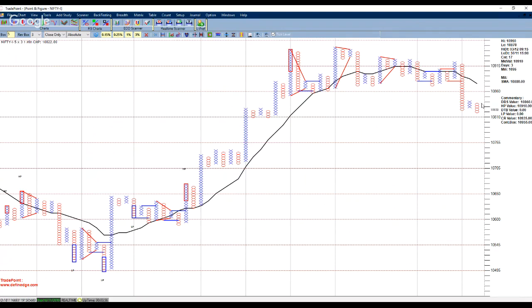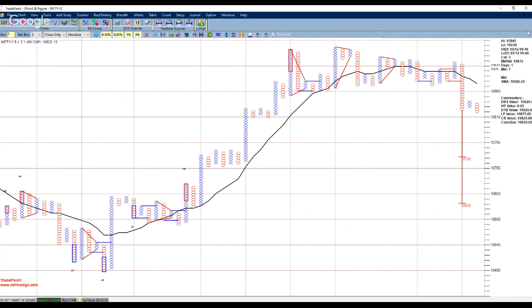And of course, there are also some downside targets that have opened up. So 10,730 and 10,635 are likely targets. Of course, these targets will be relevant as long as the price stays below the high of this column of X. So if price were to go above 10,925, then these targets will be invalidated.